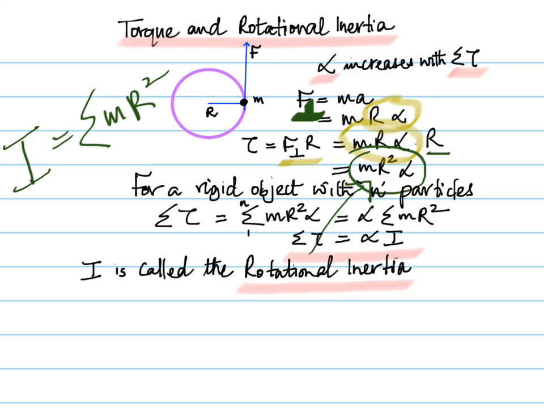I said so much and I'm asking you a simple question. A disk and a ring, which one will have a bigger rotational inertia? Definitely the ring. All right, a solid sphere and a hollow sphere. Same, you don't even have to complete the question, now you know. Correct? Very good.